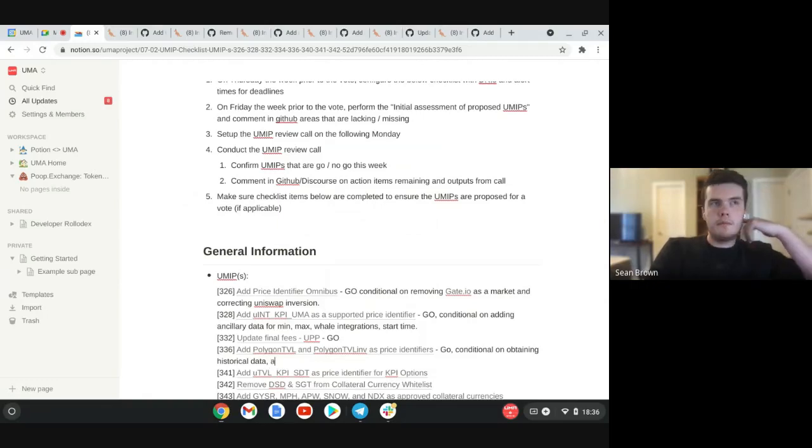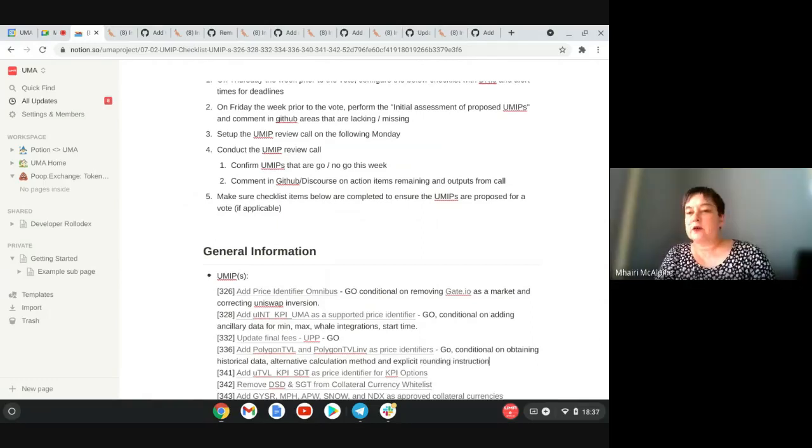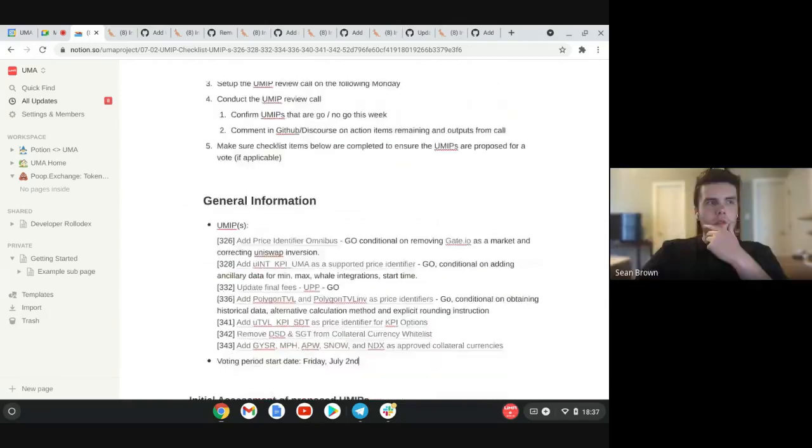Got it. So I've got go conditional on obtaining historical data, alternative calculation method, and explicit rounding instructions. Yep.